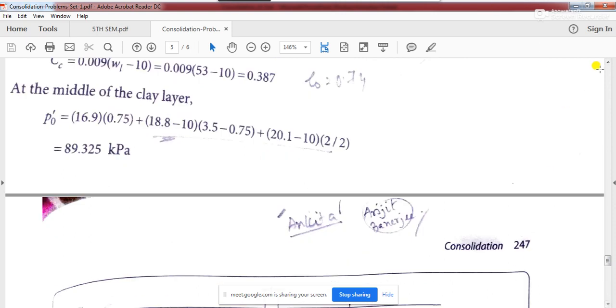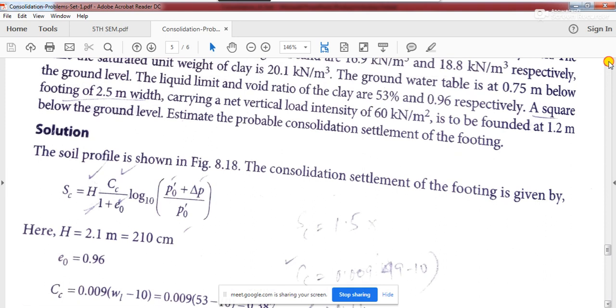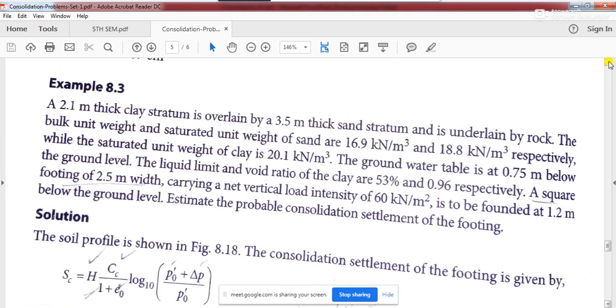Let's go to the problem and understand it step by step. What does this problem say? A 2-meter thick clay stratum is overlain by a 3.5-meter thick sand stratum, and now you have the understanding about overlain and underlain, right?